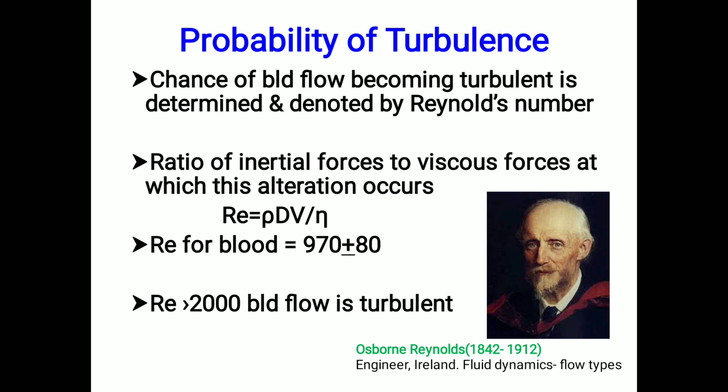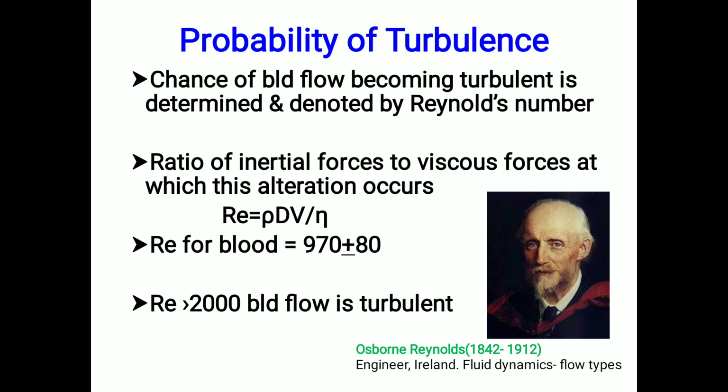Generally the Reynolds number for whole blood is 970 plus or minus 80. We call it turbulent blood flow when turbulence develops, when the Reynolds number exceeds 2000.